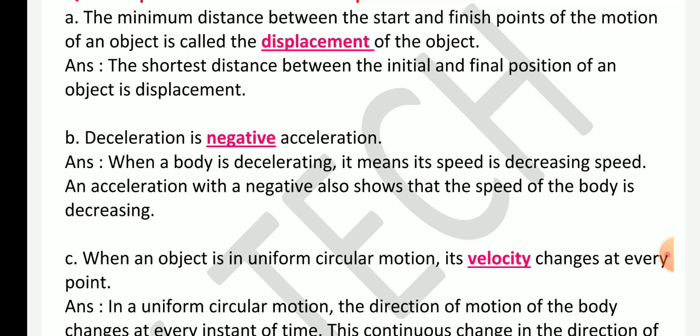Second, deceleration is dash acceleration. So what we can say here? When a body is decelerating, it means its speed is decreasing, right? So an acceleration with a negative also shows that the speed of the body is decreasing. Therefore, here the answer is negative.